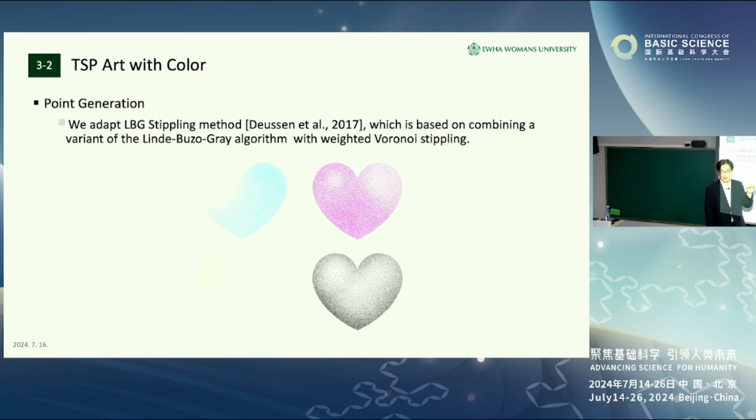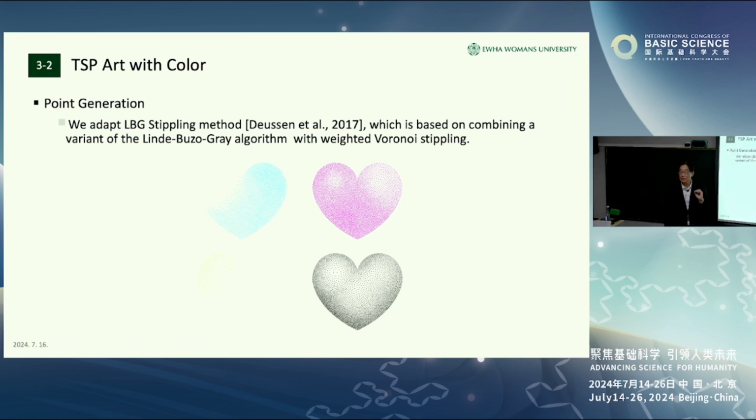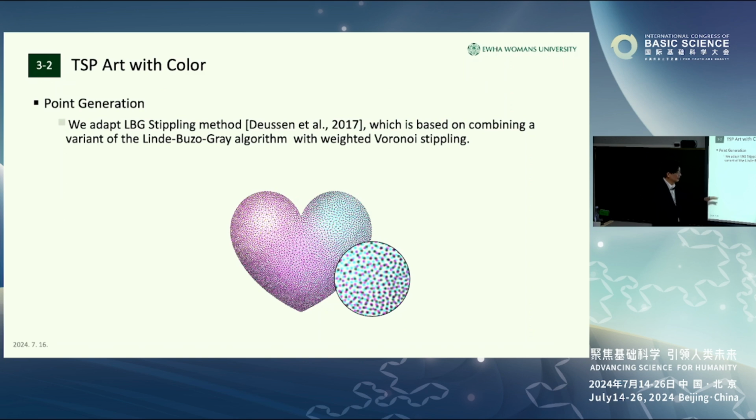If a certain area is too dark, you may need more points. If an area is not that dark, you just need a few points. Based on that heuristic, we can create these points to approximate the original inputs. More technically, we use a weighted Voronoi diagram. In certain regions, you need to subdivide the Voronoi diagram recursively, and in other regions you don't. That way, for each color channel, you create these stippling points.